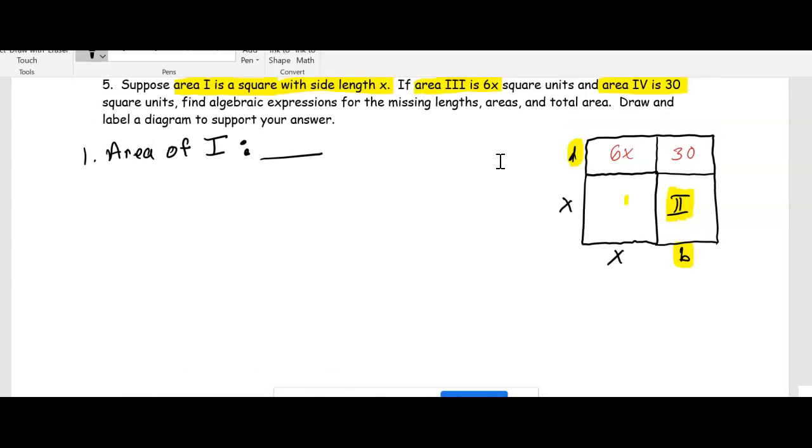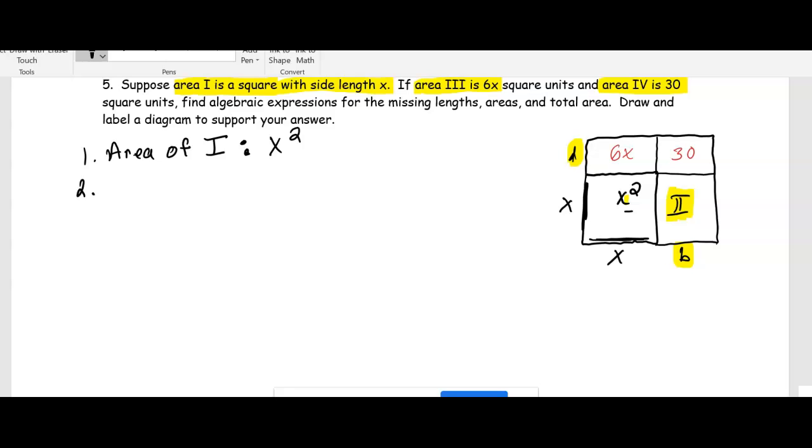So what Alexis said was x squared, because all we're going to do is take the base, which is x, multiply it by the height, which is x, and we just get x squared. X times x is going to give us an x squared. All right, does that make sense? So that's what we're going to put for the area of number 1. We would just say is an x squared. So we don't get a numerical value, we get a variable term.